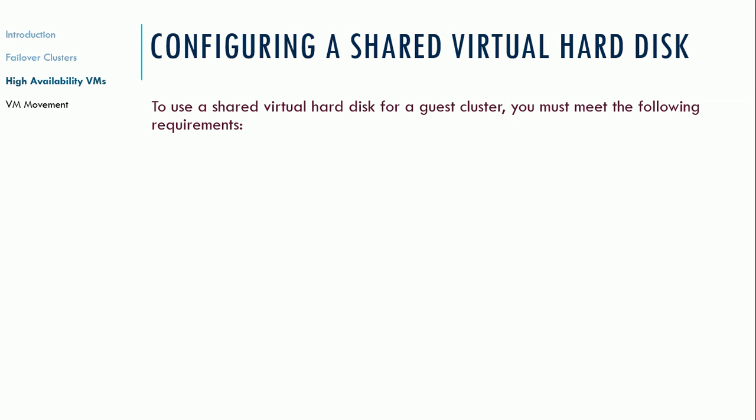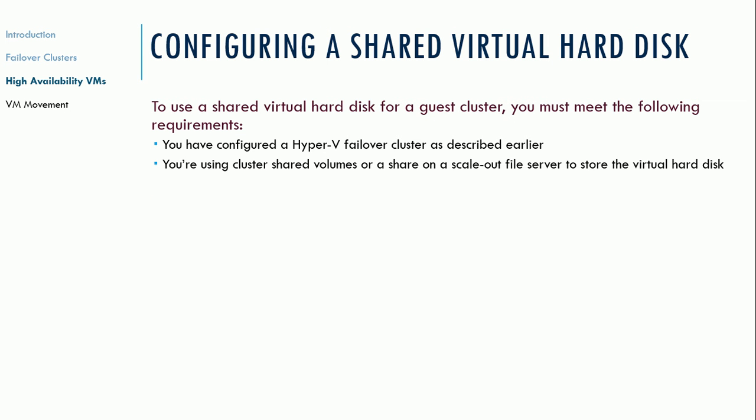To create a shared virtual hard disk with your guest cluster, you have to meet the following requirements. You have to have configured the Hyper-V failover cluster as I described previously, so your Hyper-V failover cluster is already configured. It's already using a CSV that you've already created. You're using cluster shared volumes, which are CSVs, or a share on a scale-out file server to store the virtual hard disk, one or the other.